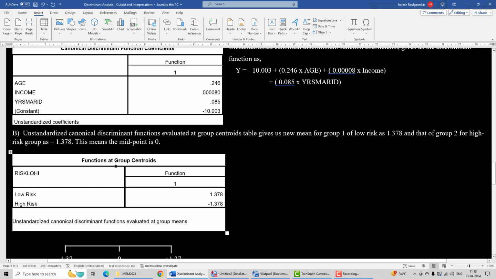You see that the table shows low risk at plus 1.378 and high risk at minus 1.378 as the value.